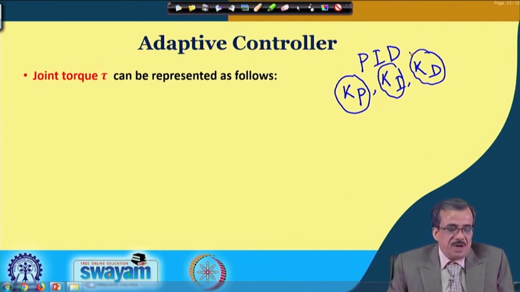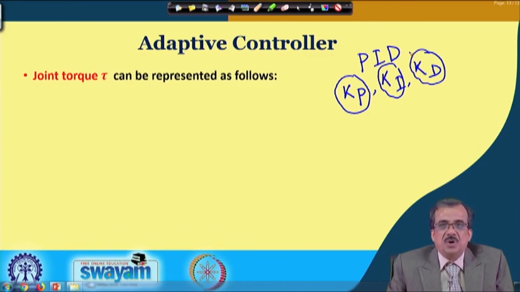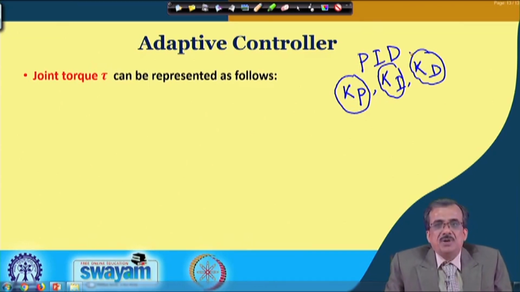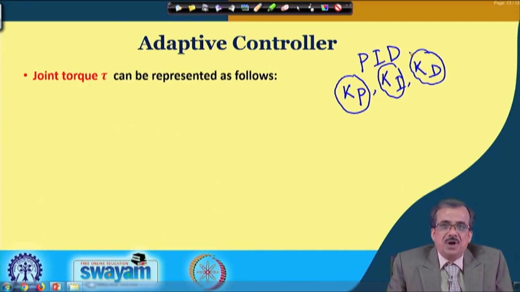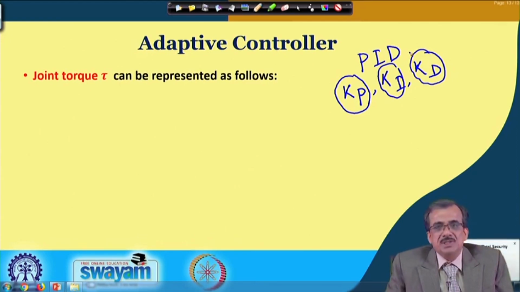Now before I discuss further, let me tell you how to determine the different components of a robotic joint torque. Let me tell you one thing: if you have not taken any course on robotics or do not have any fundamental information on robotics, you need not worry much. What I am going to discuss is how to use the principle of fuzzy logic and neural network to design and develop the adaptive controller.